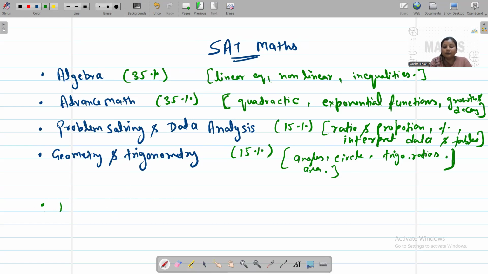So in reading and writing, questions are grouped by type and in difficulty order within a group.